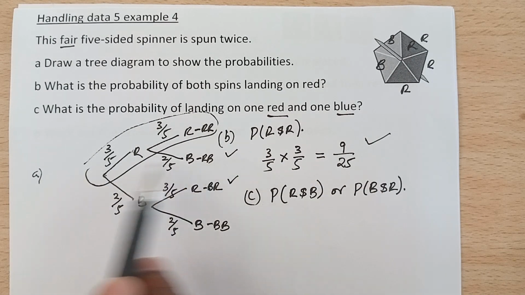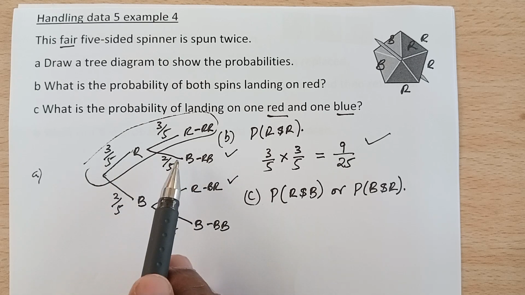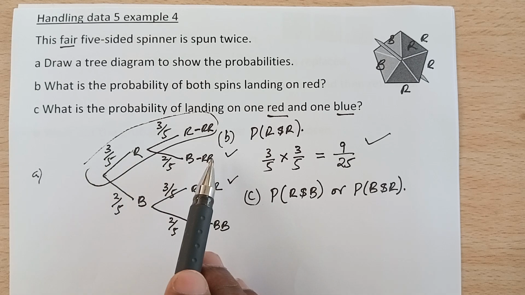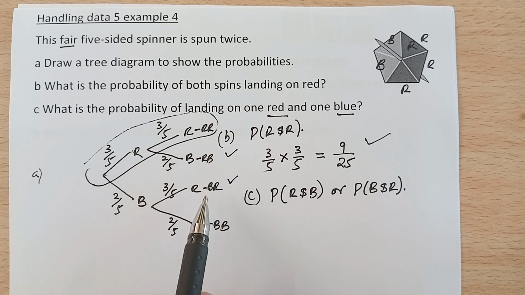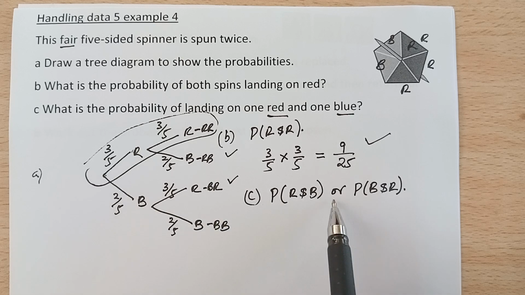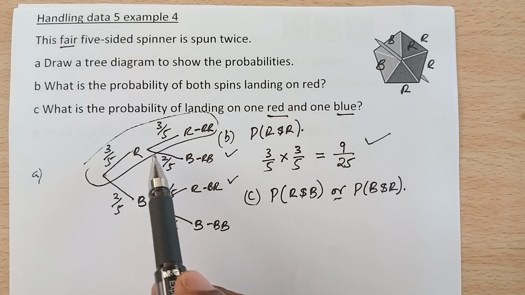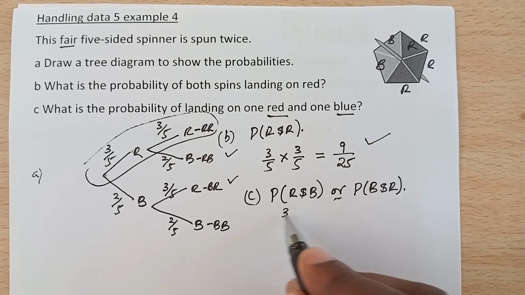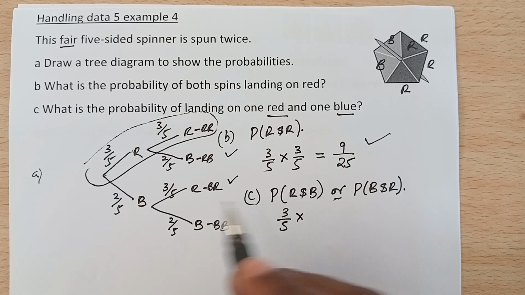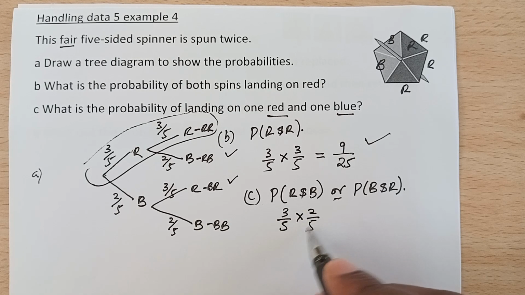Every time we walk horizontally along the tree diagram, we multiply. But if we have different roots, then the word or comes in, whereby we add the results of the two roots. So red, blue is 3 out of 5 times 2 out of 5.